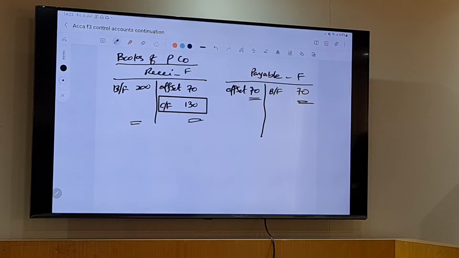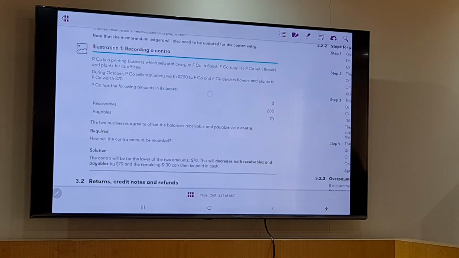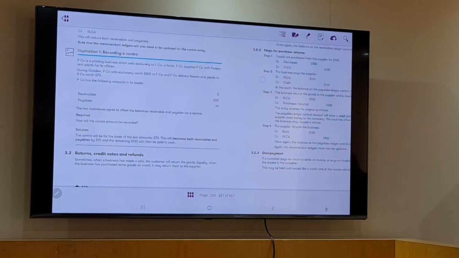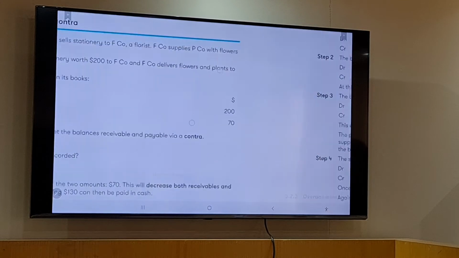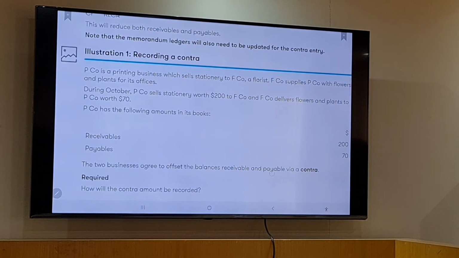Is that it? Illustration number, page number, brother. This is 243, yeah? Illustration 1.